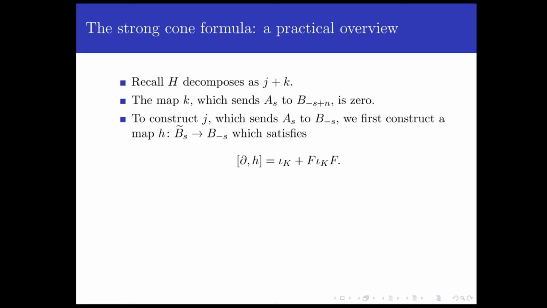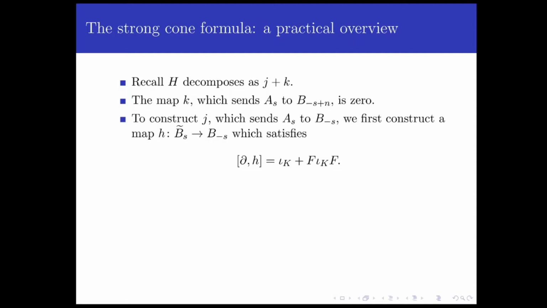And now constructing J is slightly more complicated. J sends AS to B sub minus S. And the way you do this is you first construct a map h, which goes from B tilde to B sub minus S, which satisfies that it's a homotopy between iota K and F iota K F. Now iota K and F iota K F, as maps from B tilde S to B sub minus S, are both homotopy equivalences.